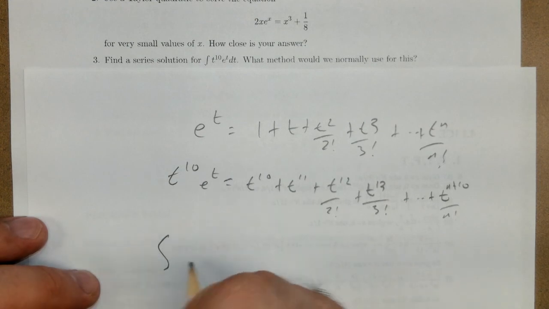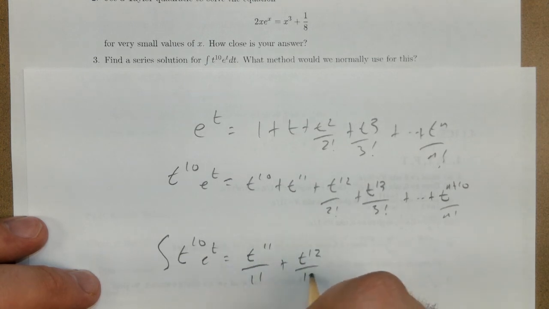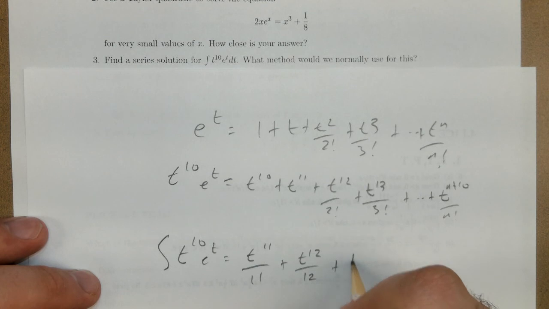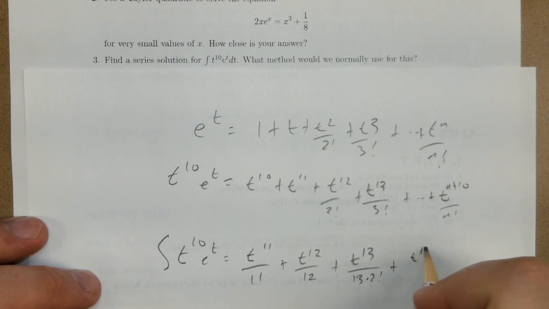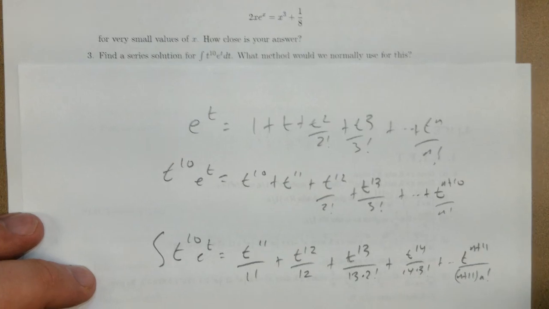If I want to integrate that, well, I just increase the powers by 1 yet again and divide by the new power. So t to the 12 over 12, t to the 13 over 13, but still keep the 2 factorial, t to the 14 over 14, still keep the 3 factorial, and in general, t to the n plus 11, divide by n plus 11, but don't lose the n factorial.